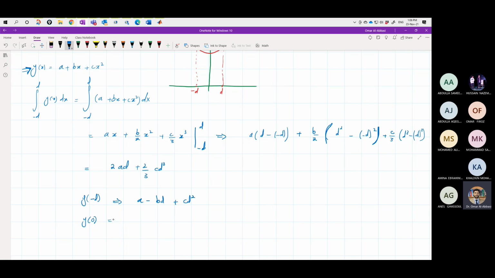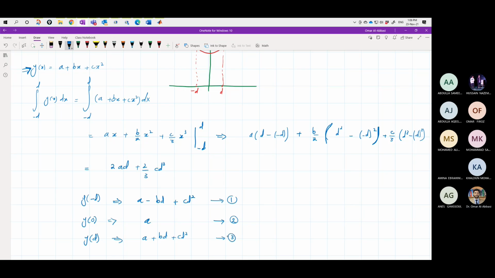So this gives you just a, right? Every time you have x, substitute 0. And evaluate it at d, at the other edge of the interval. So this gives a plus bd plus cd squared, right? That is equation 1, this is equation 2, and that is equation 3.